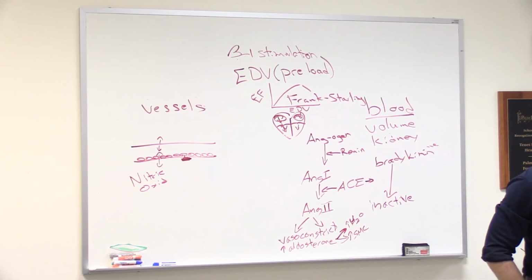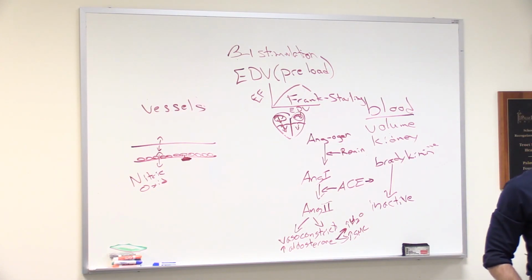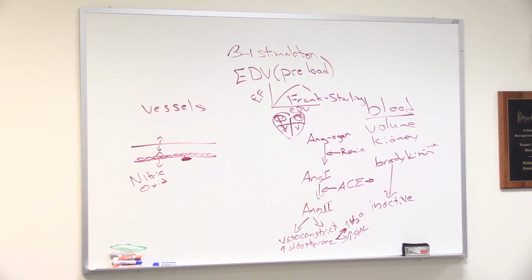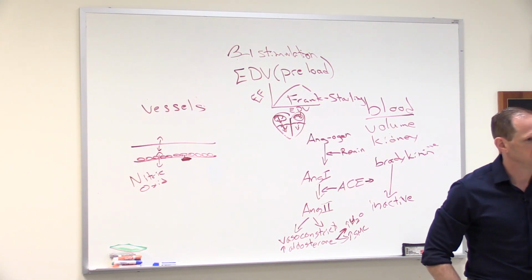Now, for the bonus prize, what determines how much blood actually comes out of the heart? The ejection fraction. Well, let's not determine it, that's just a measure. What determines how much blood is going to come out of the heart?